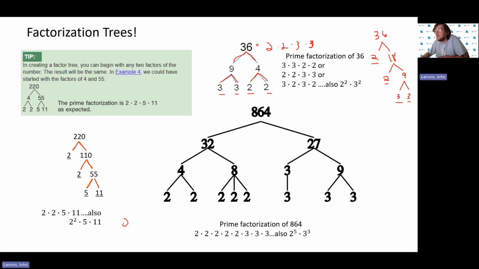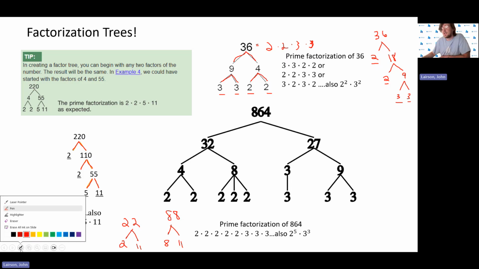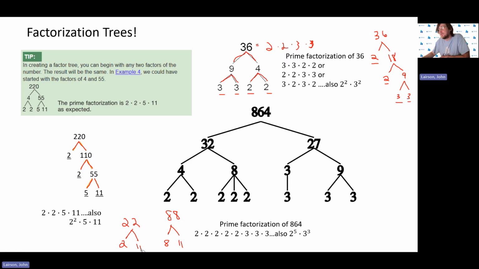So the number 22, that's 2 and 11. The number 88, this is 8 and 11. So that's another divisibility rule. It's not a hard rule because it only works for 2-digit numbers, but it's useful because we're working with small enough numbers that a lot of the times 11 will be an easy one to spot.